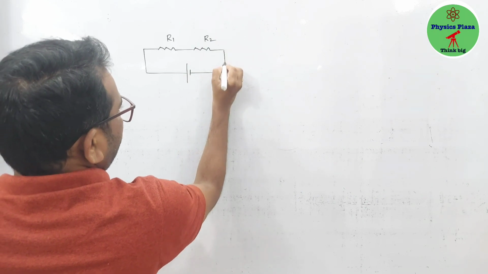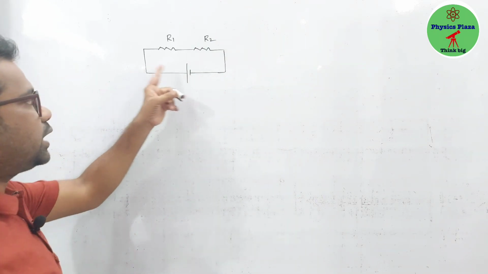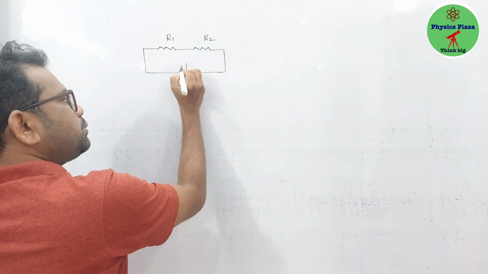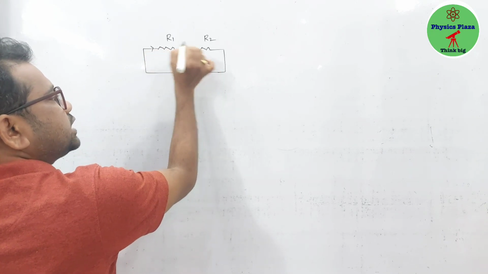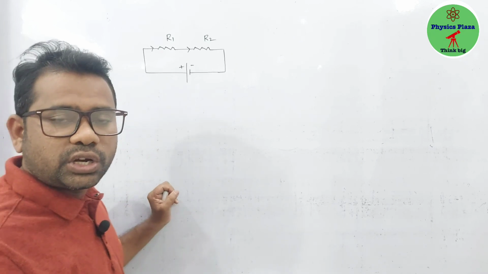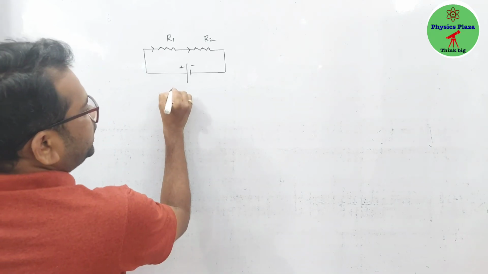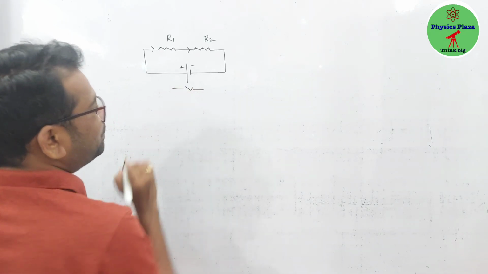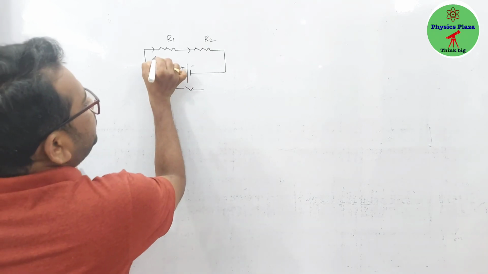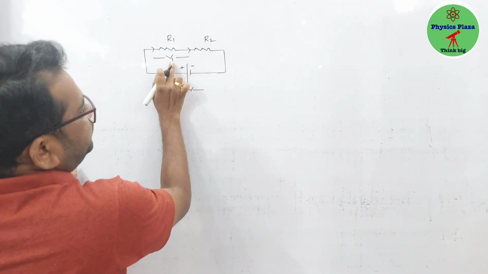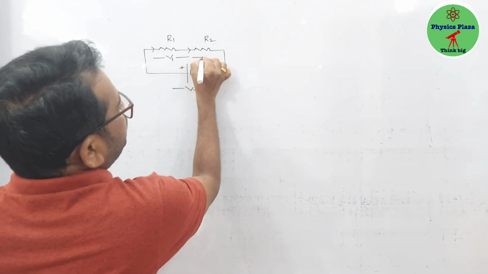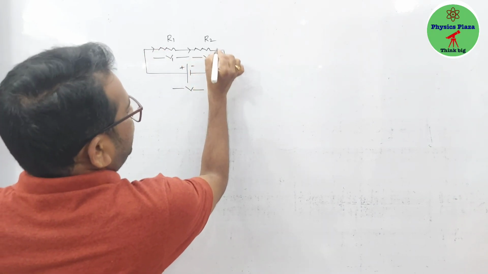Children, we know that when resistors are connected in series, the same current flows through all the resistors. But in a series combination, whatever the potential across the source will be divided among the resistors. Let us say V1 is the potential difference across R1 and V2 is the potential difference across R2.